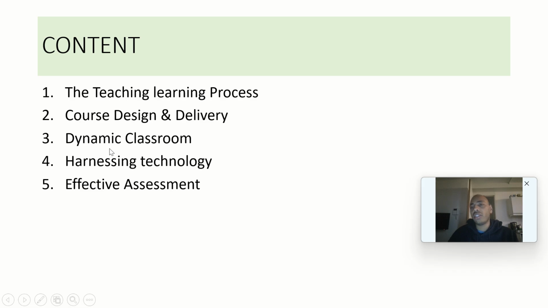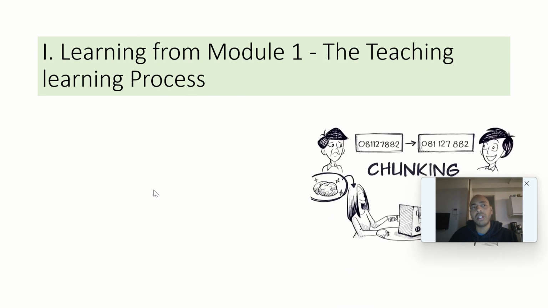The third thing is how you can create a dynamic classroom. Because now the teachers are dealing with Gen Z students who get bored very easily. So it's very important that you keep their minds engaged. So in the third topic, we are going to see how you can create a dynamic classroom. There are some tips.